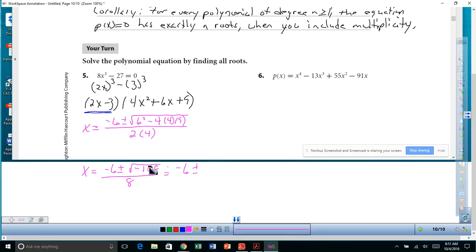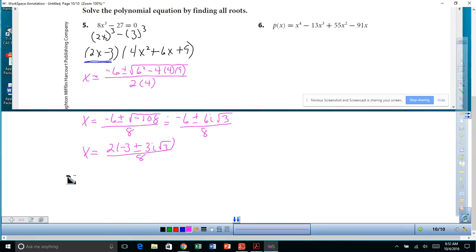The square root of 36 is 6. So you got 6i square root of 3, all over 8. I think you can take a 2 out of that. So you got 2, and that's negative 3 plus or minus 3i square root of 3, over 8, and these cancel out, and that becomes a 4.